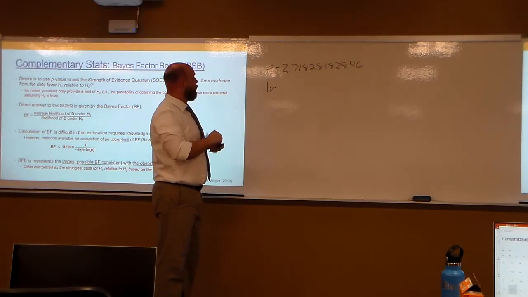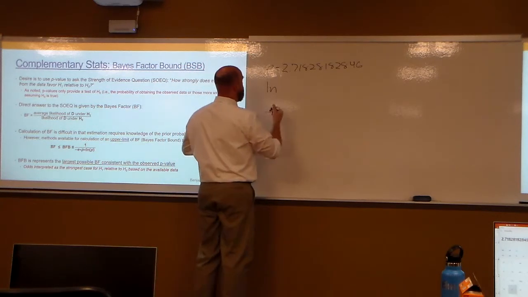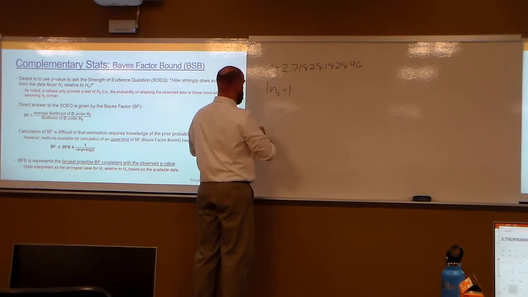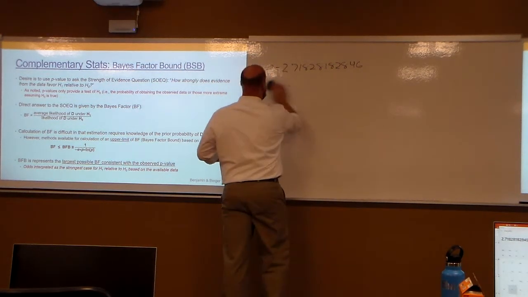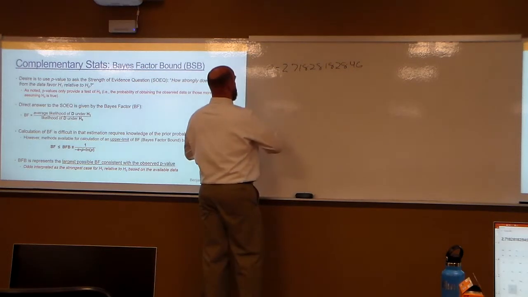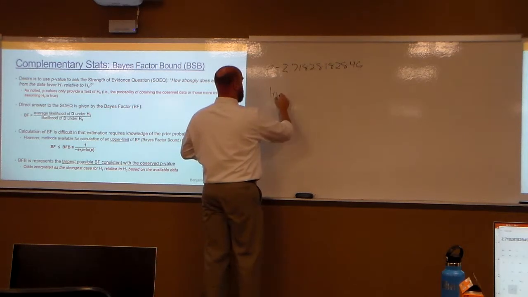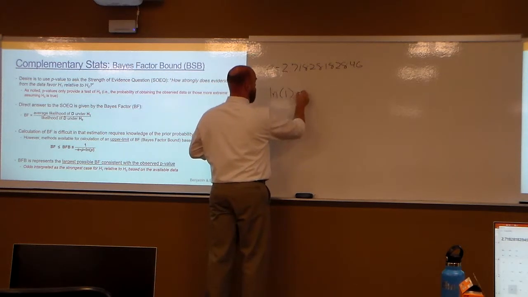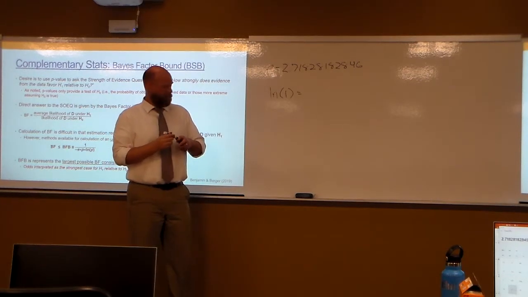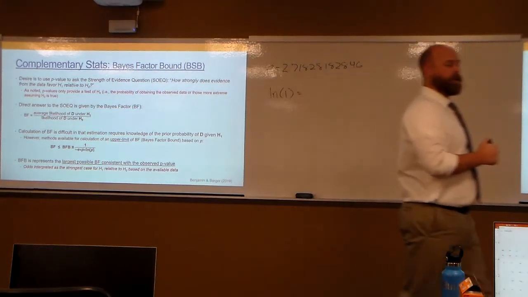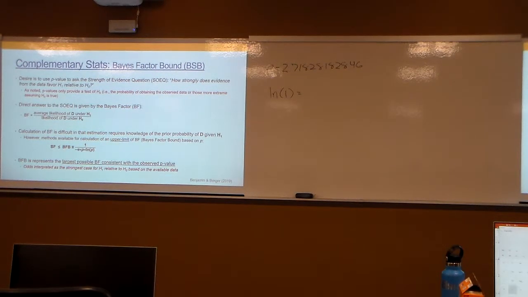So if you take the natural log of 1, it'll give you e. It should, right? It's 0. Oh, whoops. So take e. There we go.